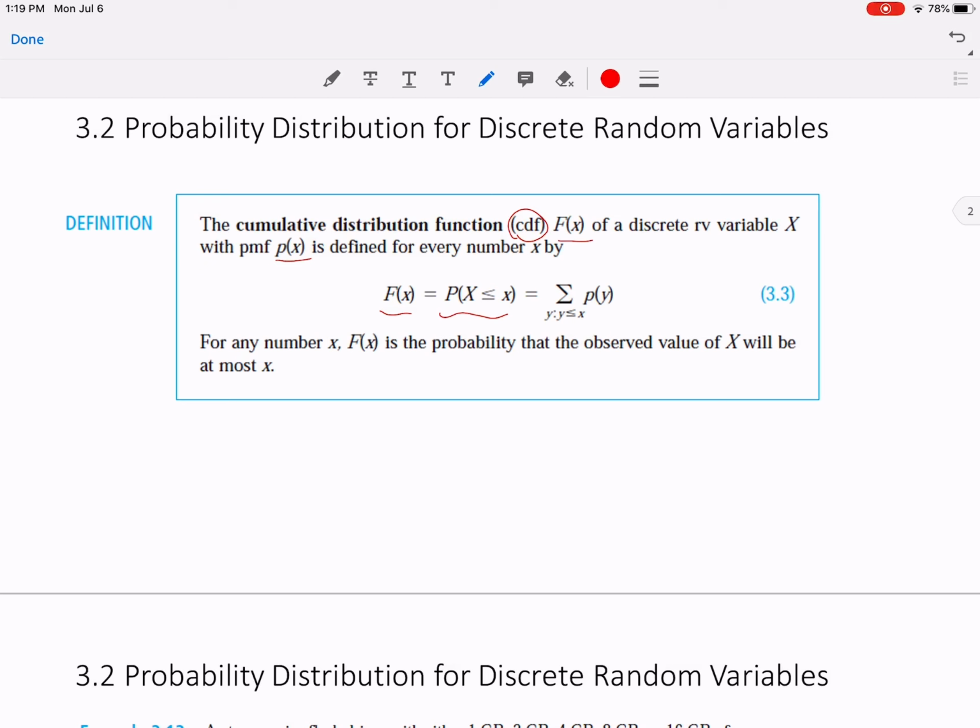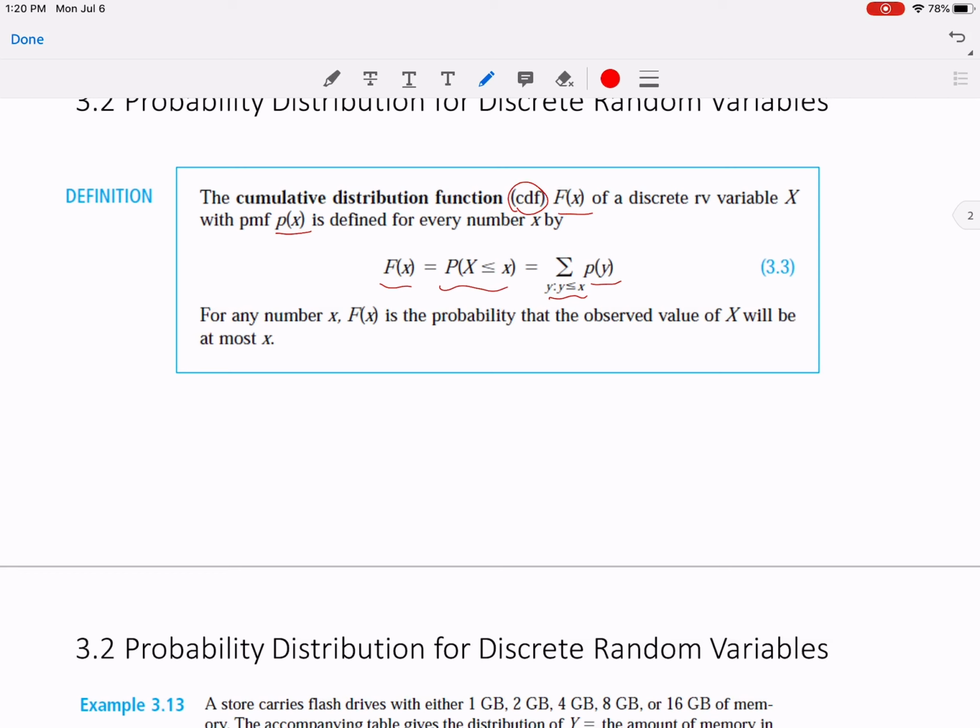So that means this is equal to the sum of all probabilities that the possible values are less than or equal to x. For any number x, F of x is a probability. So if F of x is a probability, then F of x must be between 0 and 1, inclusive. F of x is the probability that the observed value of x will be at most x.